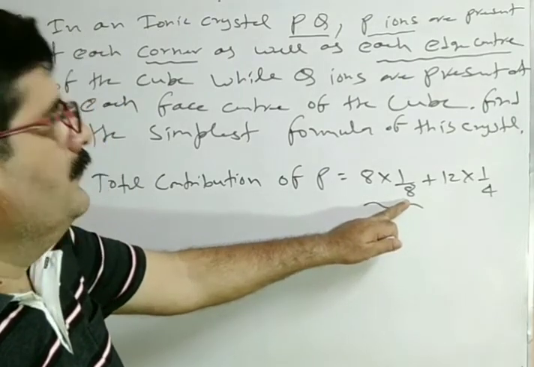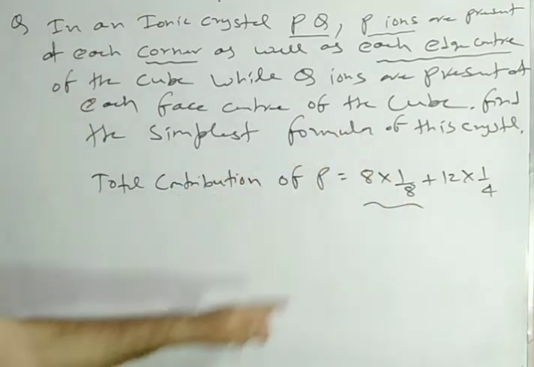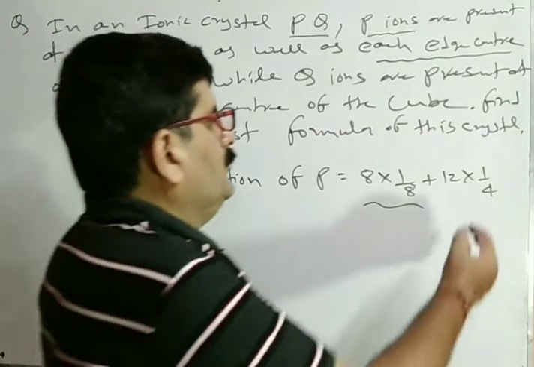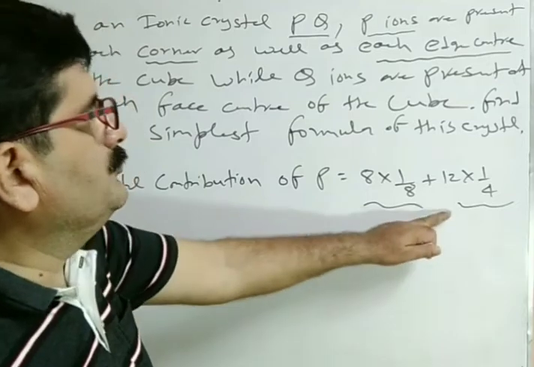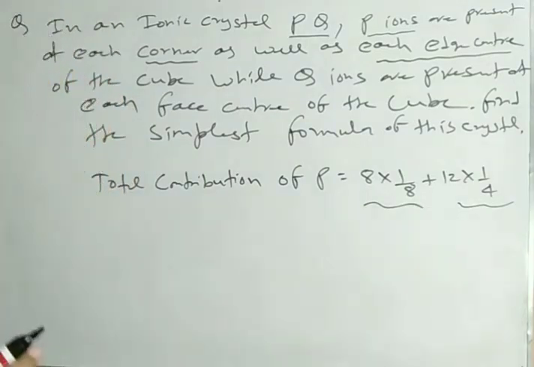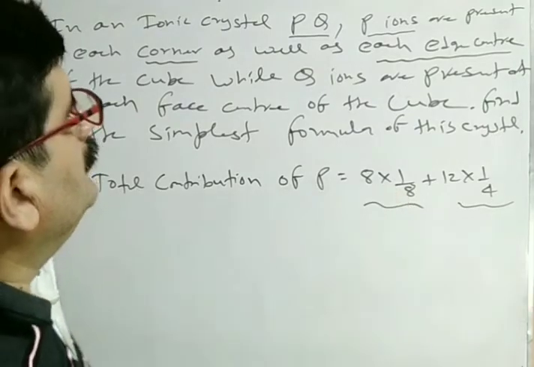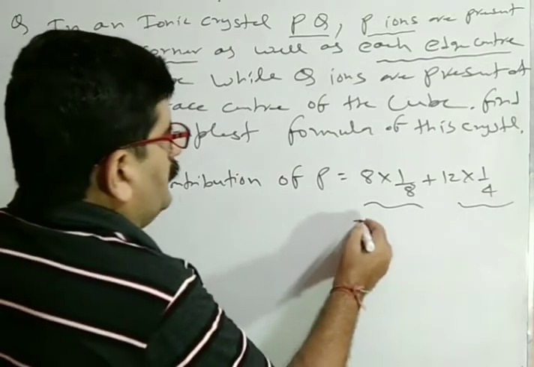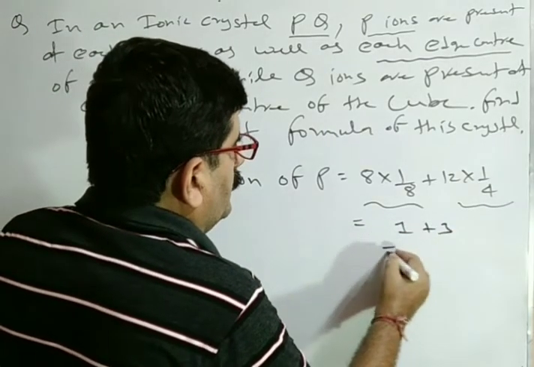Total number of corners is 8. And contribution from one edge center of the cube is 1 by 4. The total number of edges is 12, so 12 into 1 by 4. So we can write 1 plus 3 is equal to 4.